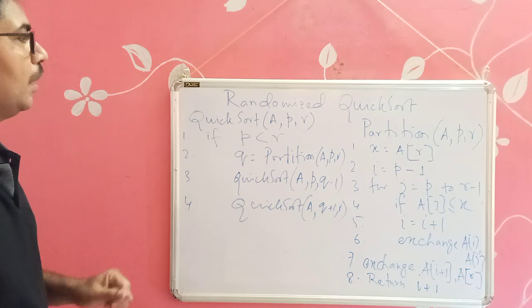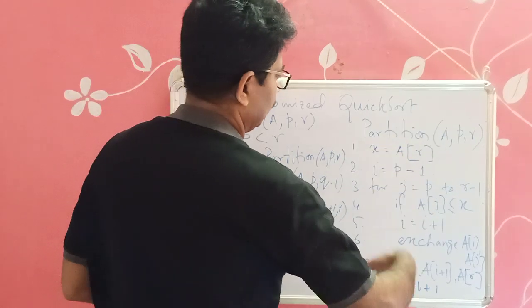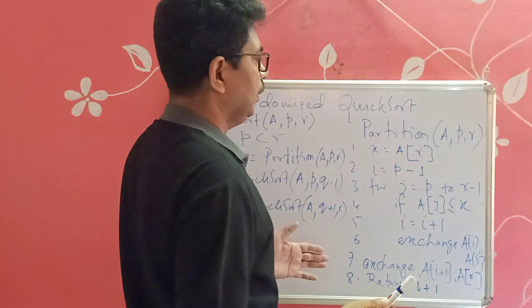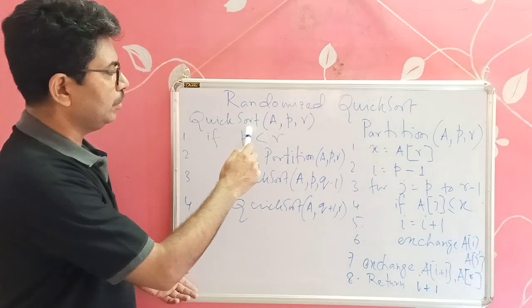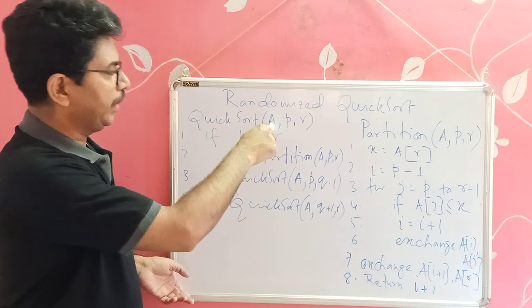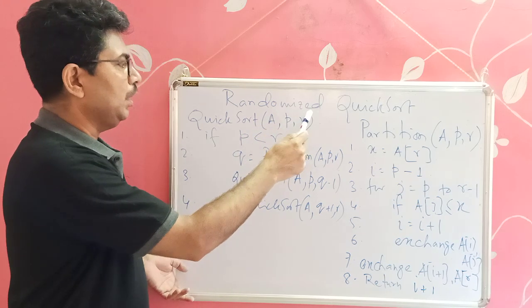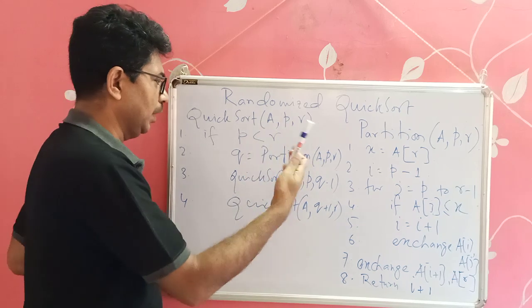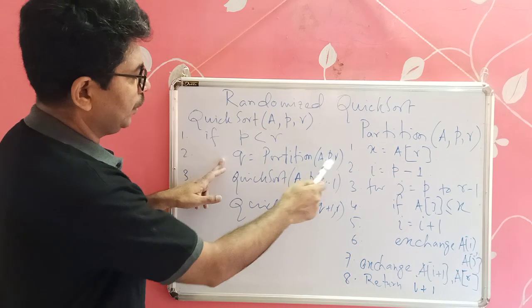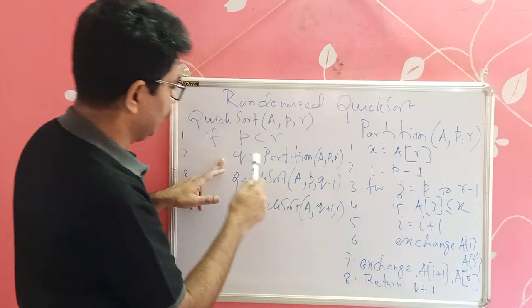From this partition algorithm, after partitioning the input array, we will write the quicksort algorithm with the input array A, starting index P, end index R, and this is the condition for validity of the input. Q is the partition of A, P, R, that means this i plus 1 will be returned here.